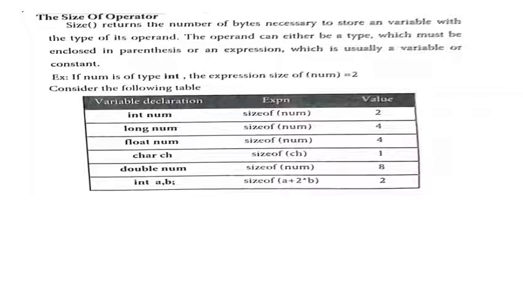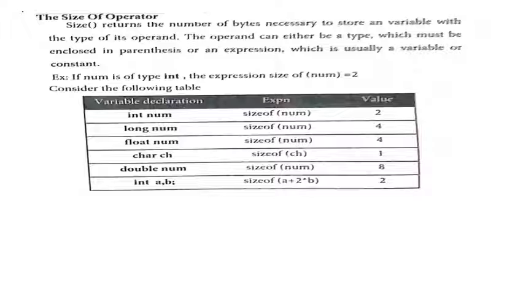Then the sizeof operator. The sizeof operator returns the number of bytes necessary to store a variable with the type of its operand. The operand can either be a type, which must be enclosed in parentheses, or an expression, which is usually a variable or a constant. Example: if num is of type int, the expression sizeof(num) equals 2.